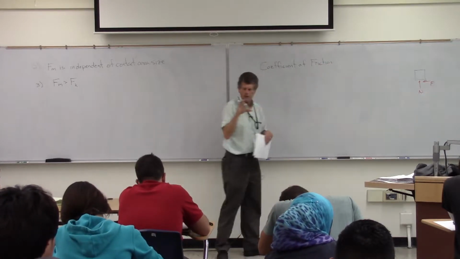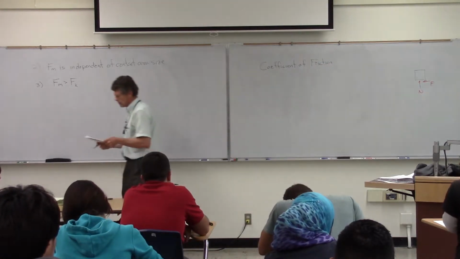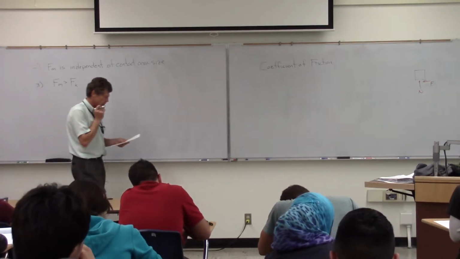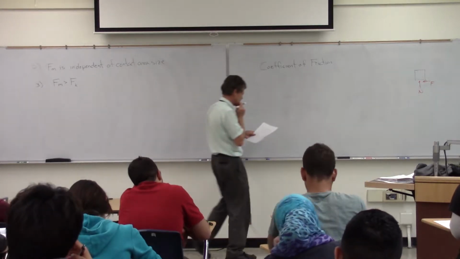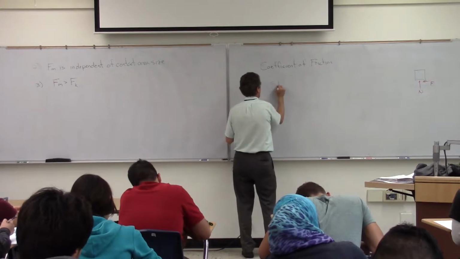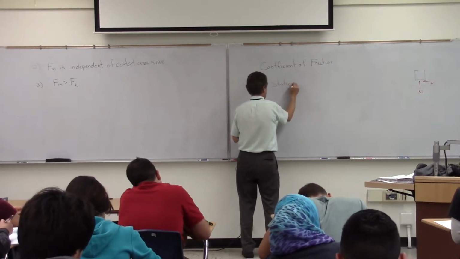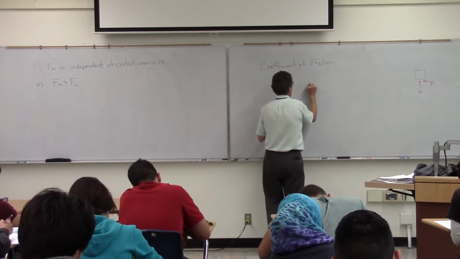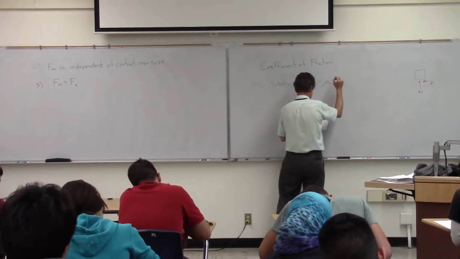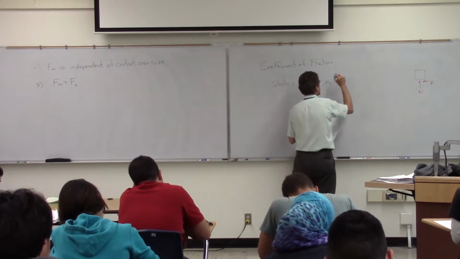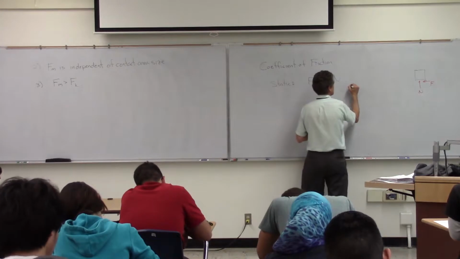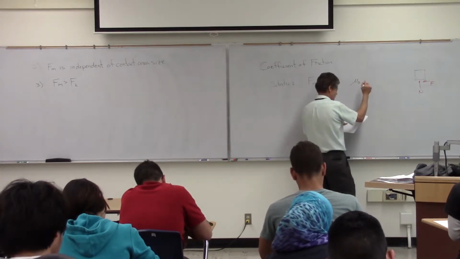Okay, now we'll talk about the different ways of expressing this friction. The first one we'll talk about is what we call the coefficient of friction. That coefficient of friction is the Greek letter mu.